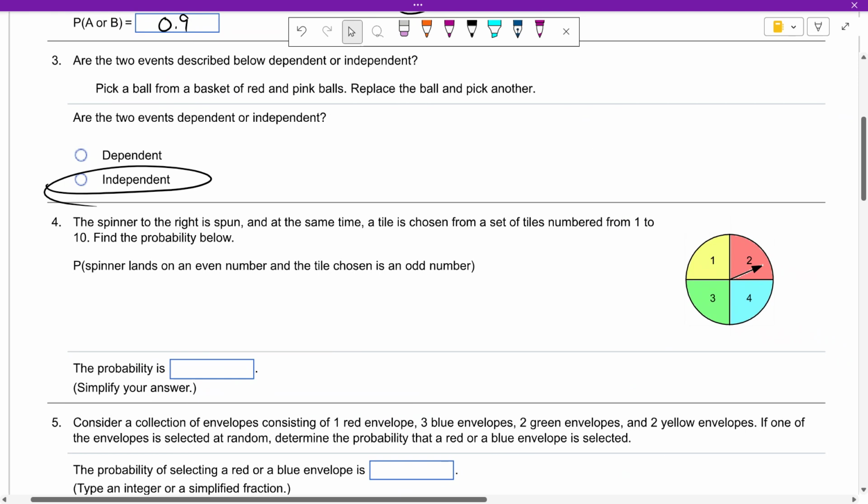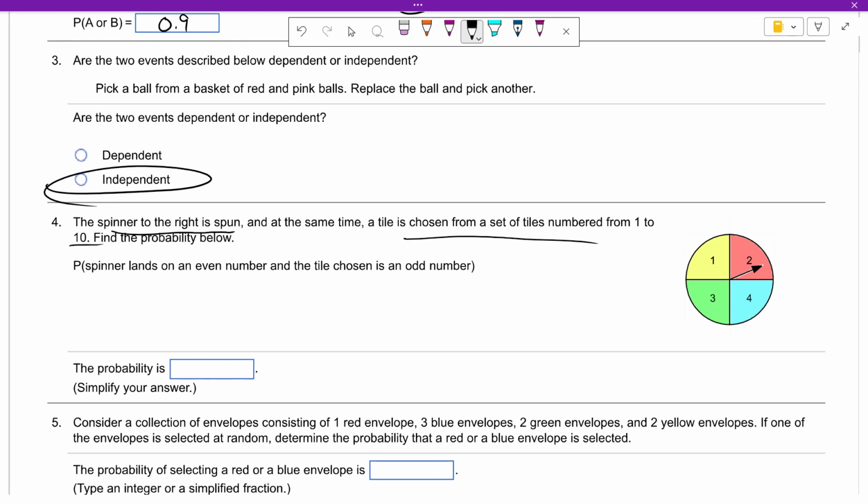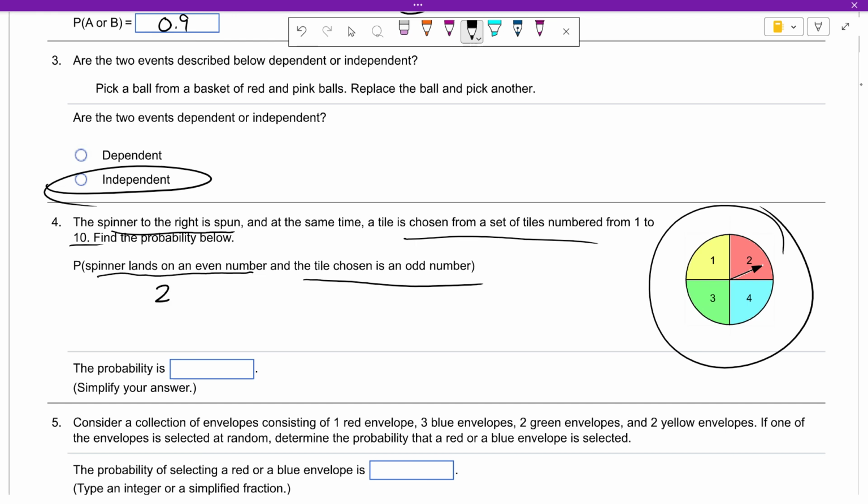Now, a spinner is spun, and at the same time, a tile is chosen from a group of 10 tiles. What's the probability a spinner lands on an even number and the tile is an odd number? Okay, so how many even numbers do we have on this spinner? So the spinner lands on an even number is 2 out of the 4.